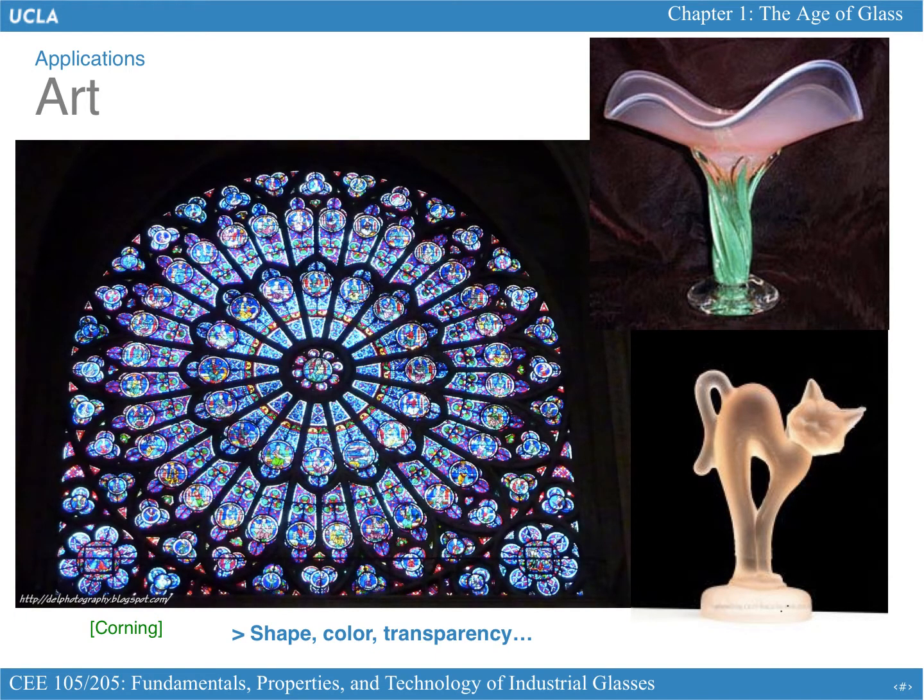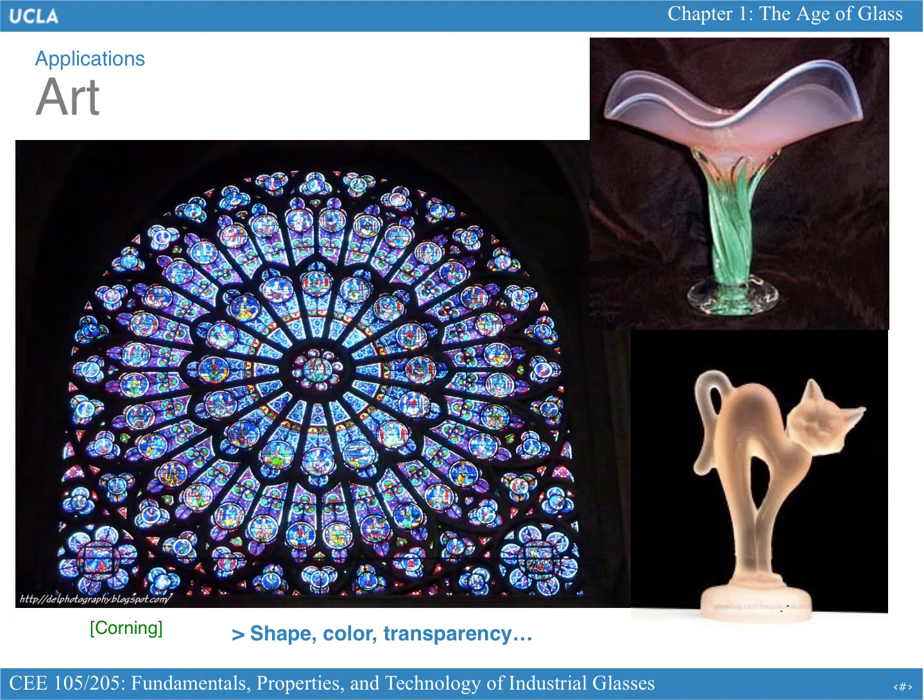One first application of glass is for art. The reason behind this is that glass has something special: first, it can be transparent. Second, you can shape glass, you can mold glass, you can have glass with any shape you want. And you can change the color of glass based on its chemical composition.